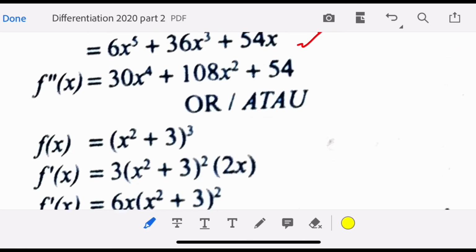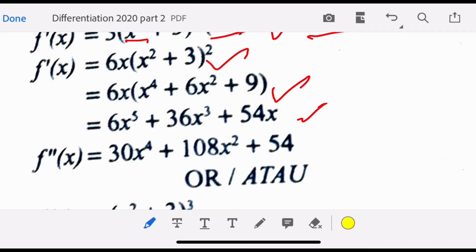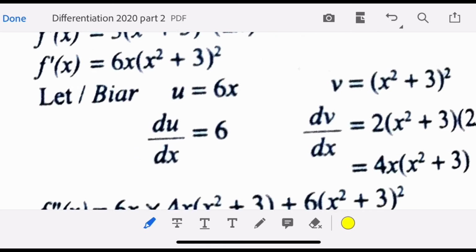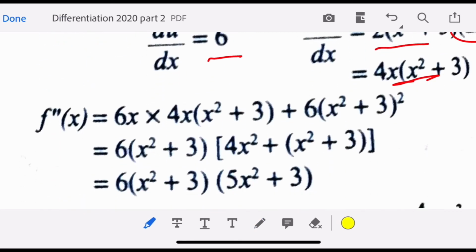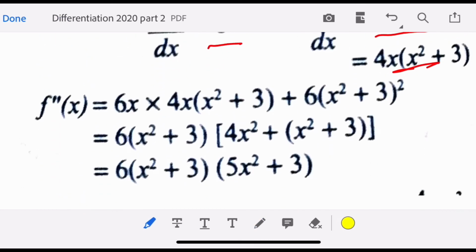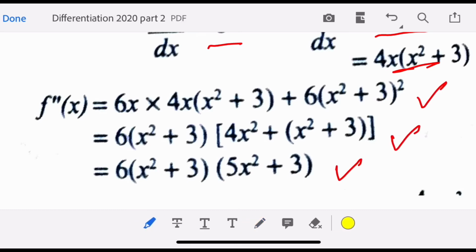You can use this method or you can use UV, the product rule. You can use u times v, du/dx, then dv/dx, but it is a bit troublesome. You have to cross multiply, then add, then factorize. This is the part that I don't like. You have to take out the common factor and factorize to the simplest form.